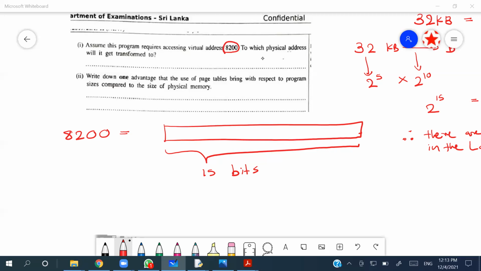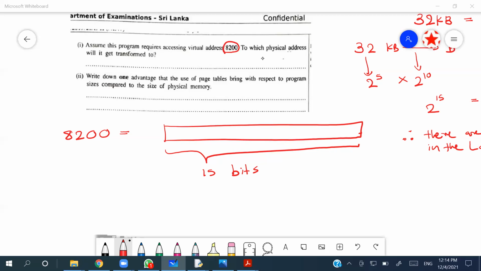Yes, Kalindi, that's correct. So what is the corresponding frame number? You can find it from the page table. Absolutely.